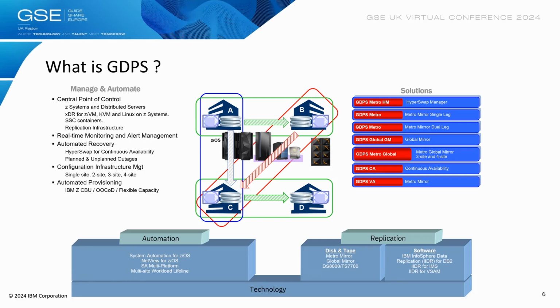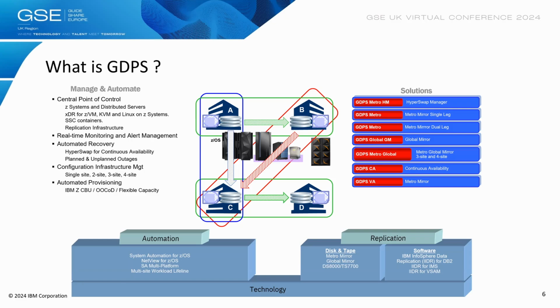On the replication side, GDPS supports several replication technologies implemented by the disk subsystem, such as Metro Mirror, which is also known as PPRC, or Global Mirror, which are protocols that are available on the IBM DS8K family.